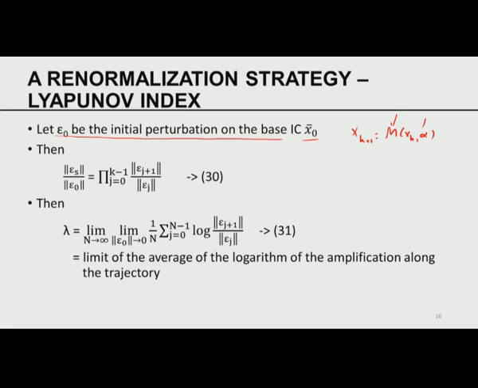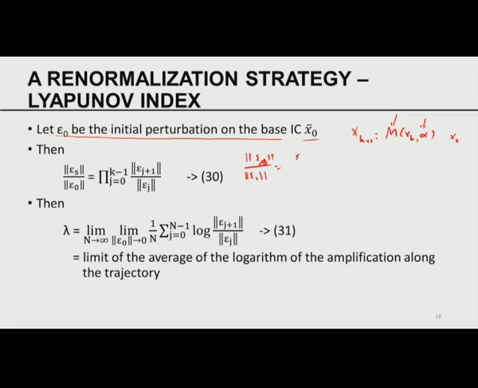So M is fixed, alpha is fixed, and the initial condition is also fixed. If I am interested in the ratio epsilon s to epsilon naught, I can essentially express this as a product like this.